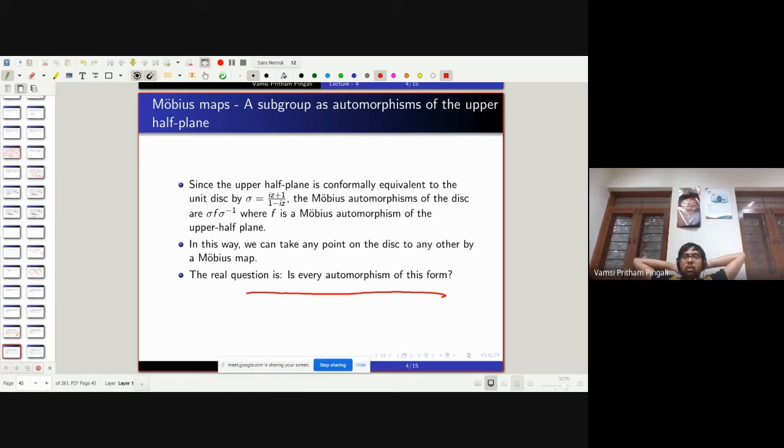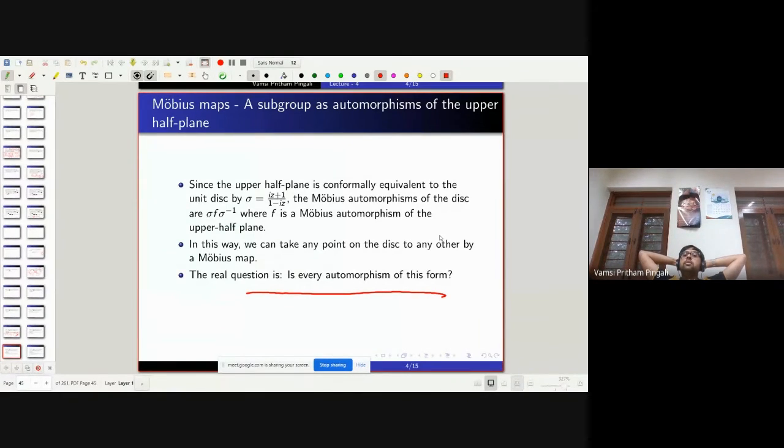Good. So the question is if I give you any one-to-one analytic function from the unit disk to the unit disk, is it necessarily a Mobius transformation? And if it is a Mobius transformation, it has to be of this very specific type. But that aside, the point is, is it a Mobius transformation? We have already asked and answered a question of this sort earlier with regard to the Riemann sphere.